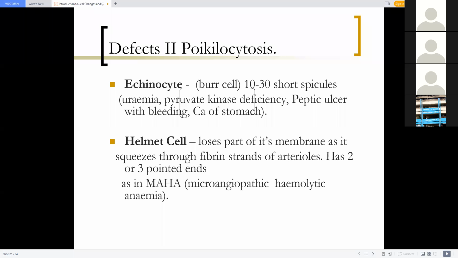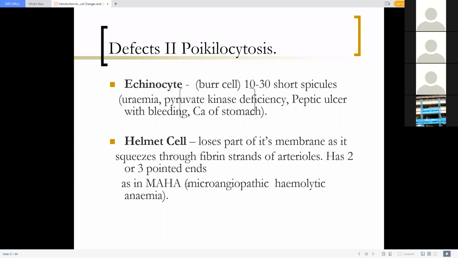They may be seen in enzyme deficiencies like pyruvate kinase deficiency. They may be seen in peptic ulcer diseases, or, for example, patients who have cancers of the stomach. Echinocytes may appear in circulation, all right? So when you see echinocytes, those are the differential causes that come to our minds, all right?